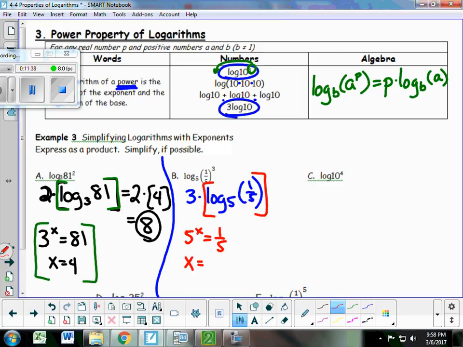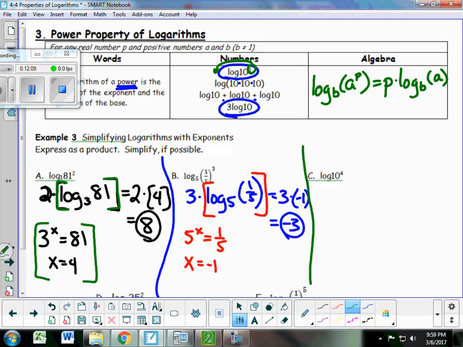That's got to be a -1. Negative because it's flipped, and 1 because it's still a 5. If it was like 1 over 25, then our exponent would be -2. Anyway, so now this becomes 3 times -1, which is -3. Okay.